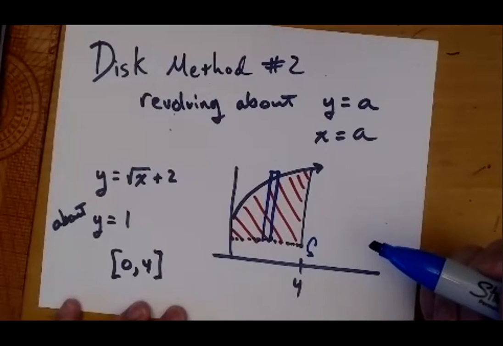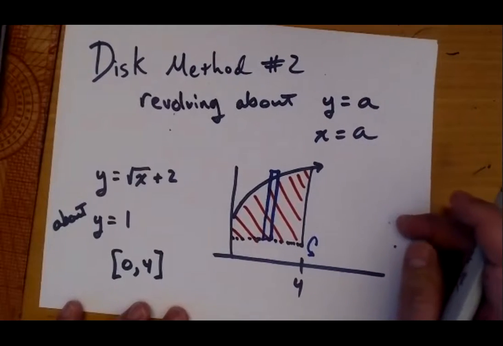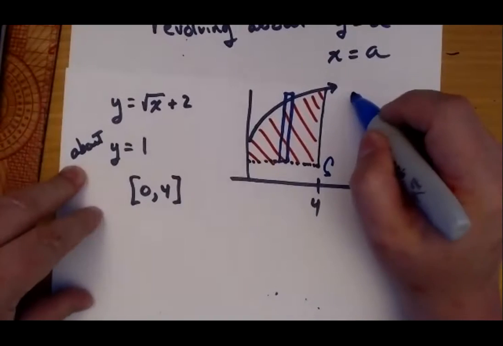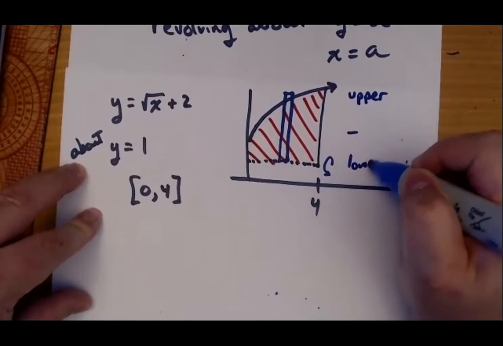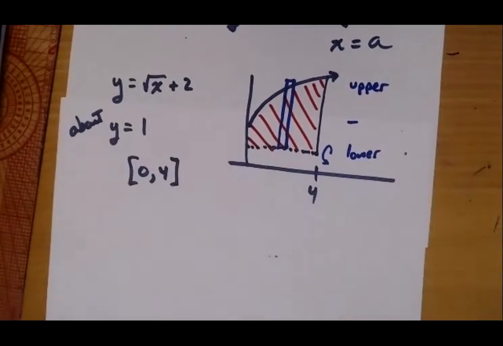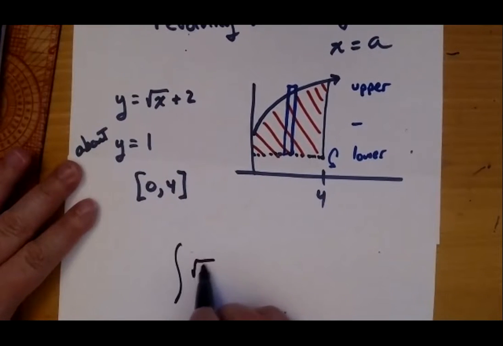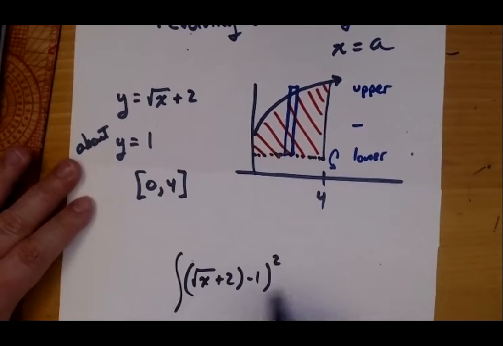Okay. Could you take the y equals and move it down one? That's exactly what you do. You modify your function, because what you're saying is upper minus lower, which produces, and then that gets squared.